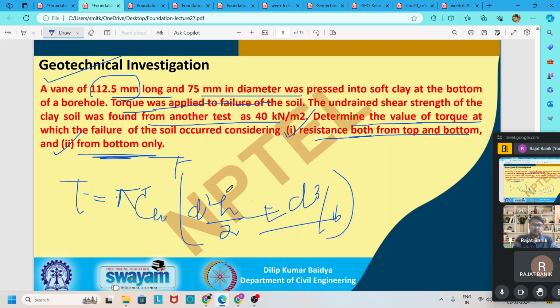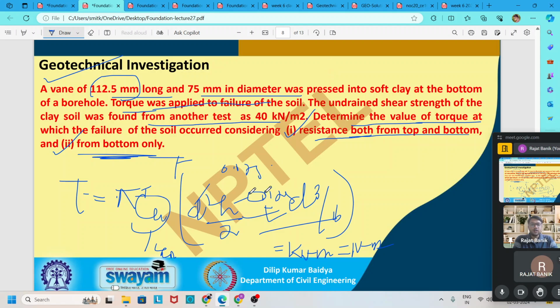So put all these values here. d is 0.075, h is 0.1125, and Cu is 40 kN per meter square. Then it will come in kilonewton meter. After that, you convert it to Newton meter and get the result.